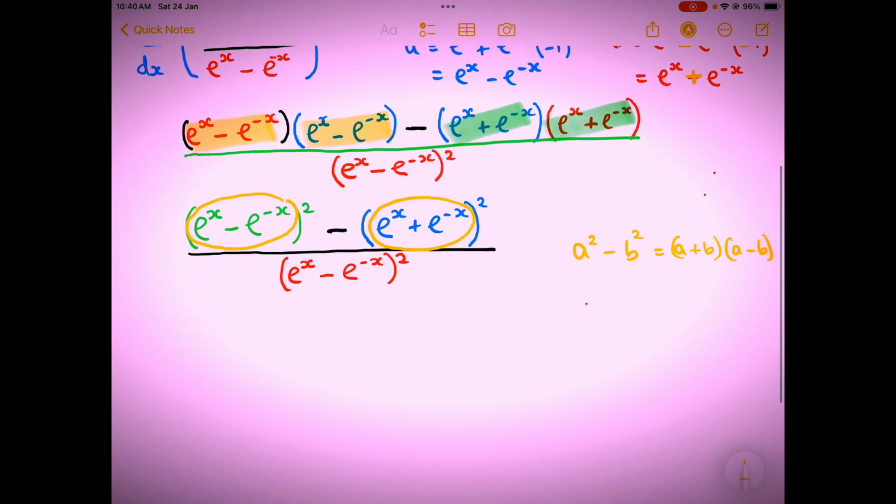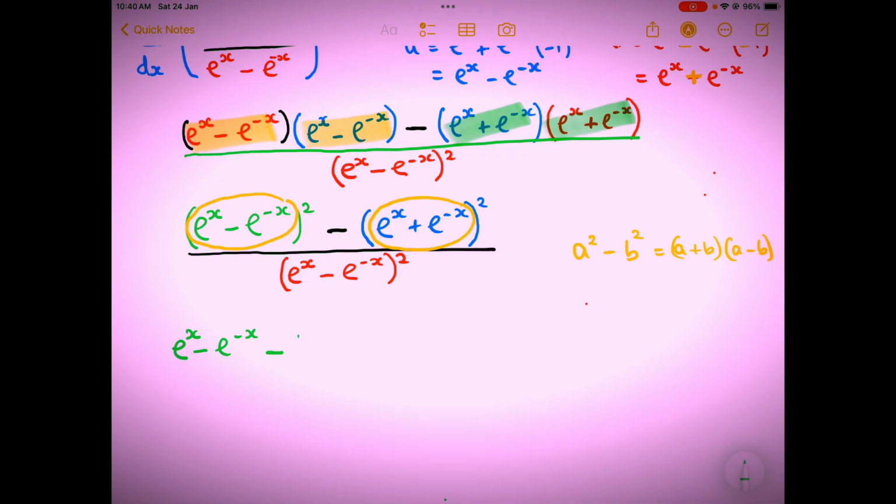So now we continue here. My a is e to the power of x minus e to the power of minus x. So a minus b. Where is my b?